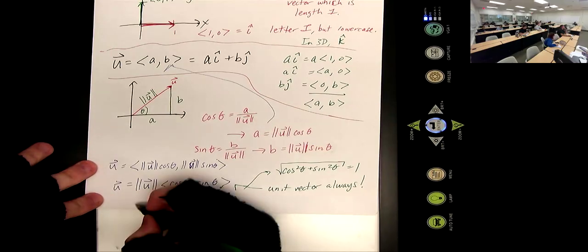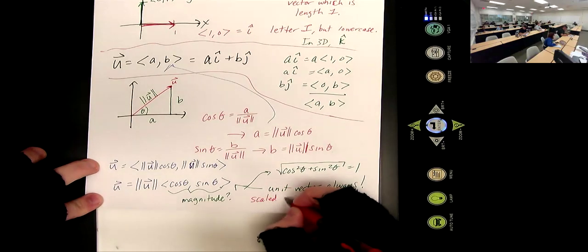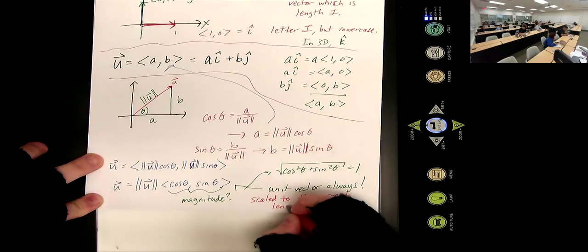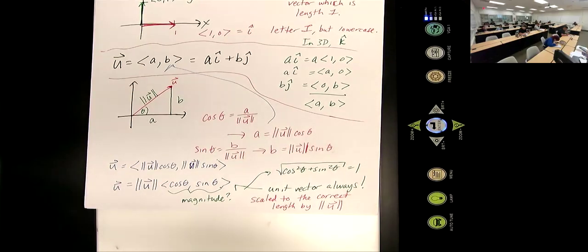And then it's scaled up to the correct length by multiplying by the magnitude of u. Kind of neat.